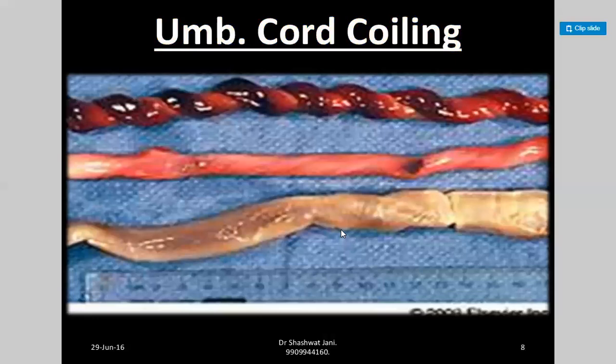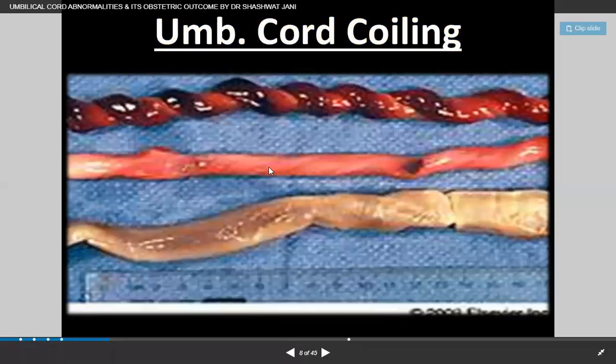See this diagram, what we are seeing. This is the normal one. This is too much coiling. This is less coiling. So normal coil, hypercoil, hypocoil. Obviously, if more it is hyper, if less it is hypo.